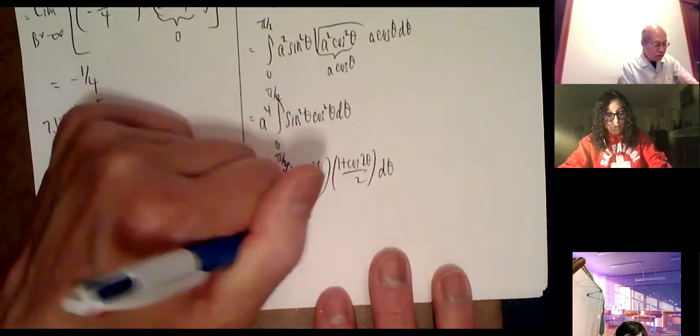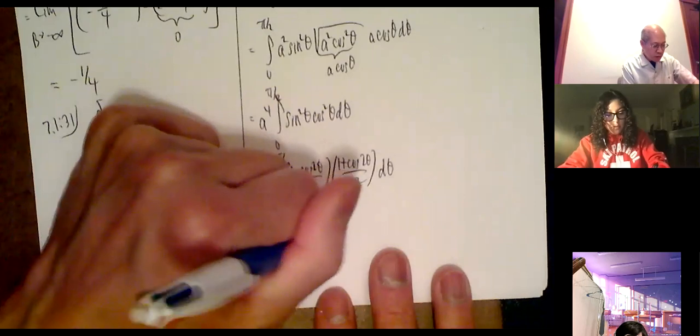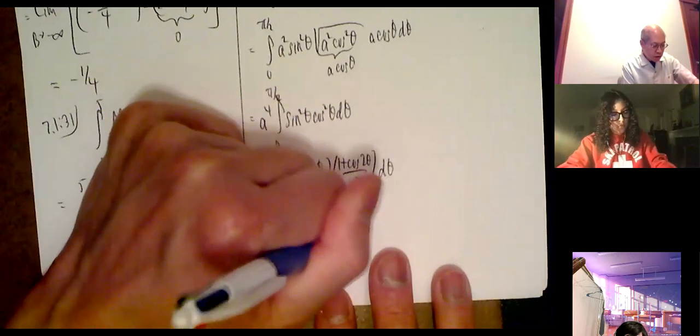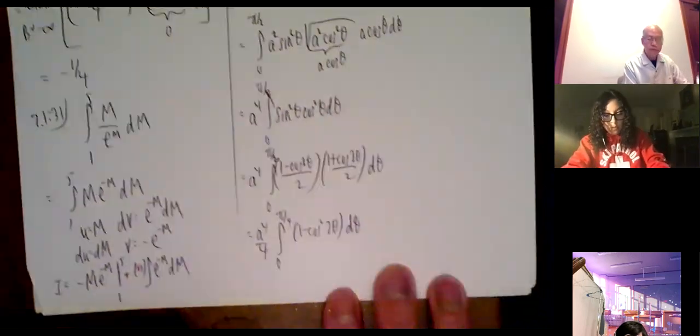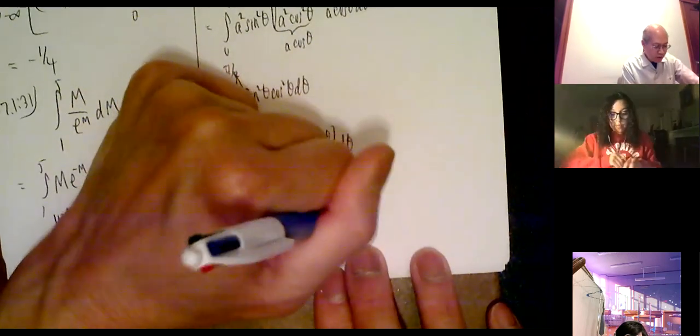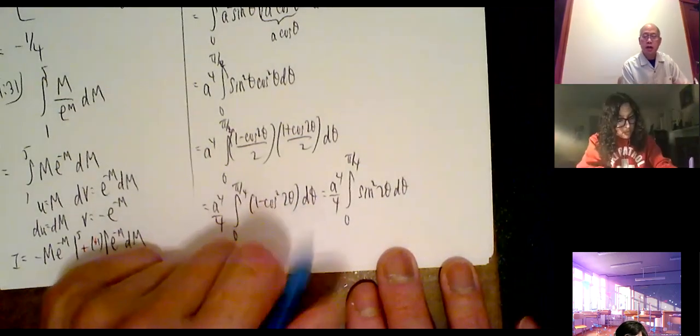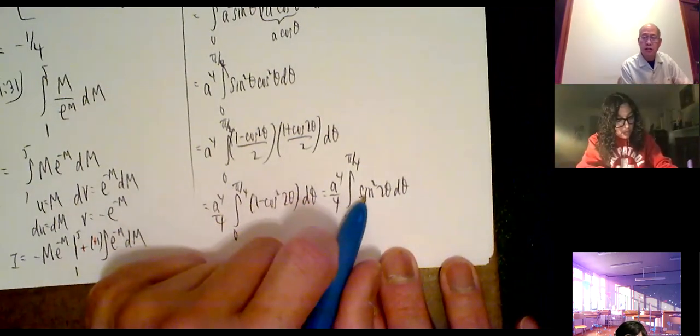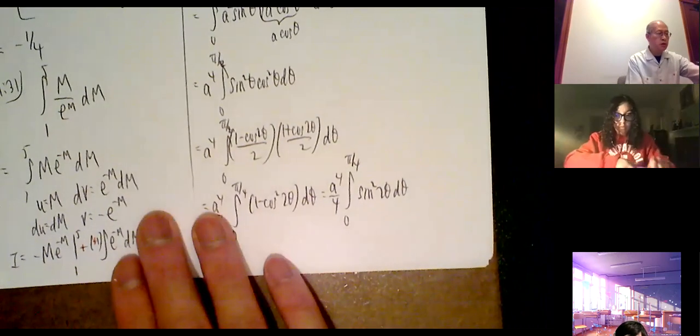0 to pi over 4. 1 minus cosine squared of 2 theta, that's going to be sine squared. A to the fourth over 4, sine squared of 2 theta d theta. Ran out of paper, so I got to switch to the other paper, but that's going to be 1 minus cosine 4 theta over 2.